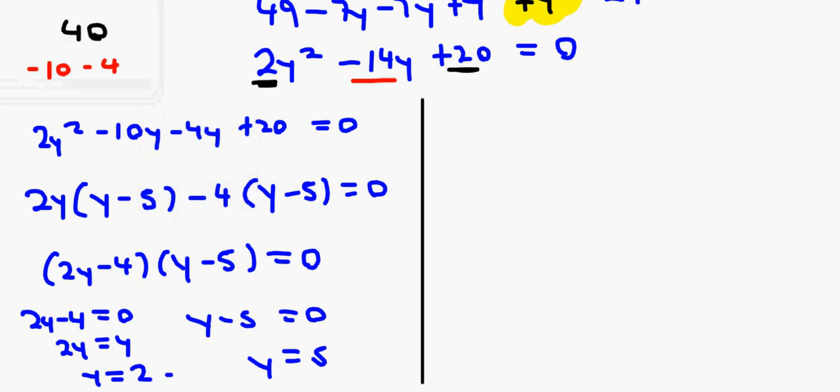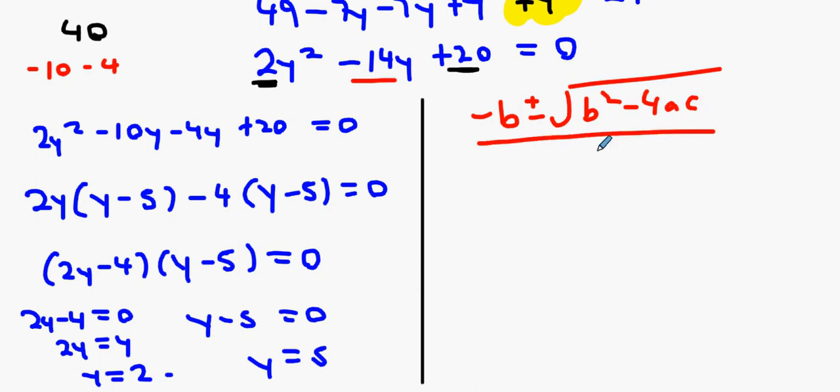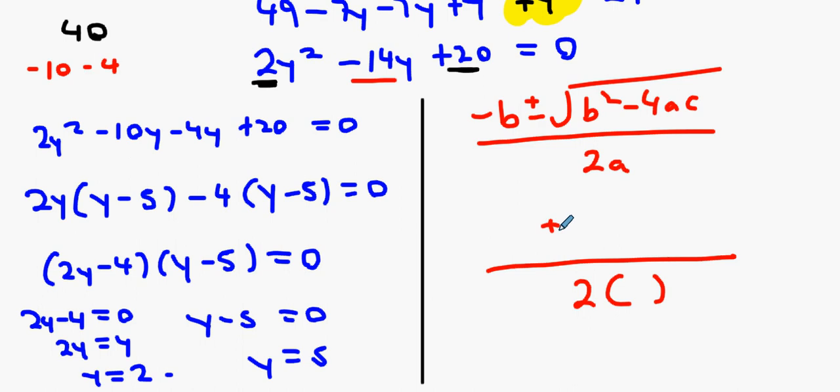Now, there's a second method for getting these two answers out. The second method is the minus b formula. Okay, so the minus b formula is minus b plus or minus the square root of b squared minus 4ac, all over 2a. Now, the deal with the minus b formula is that you leave out the letters, so there's no letters when you're working it out.